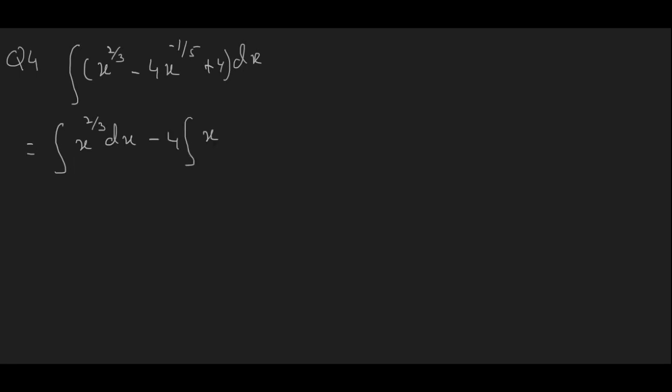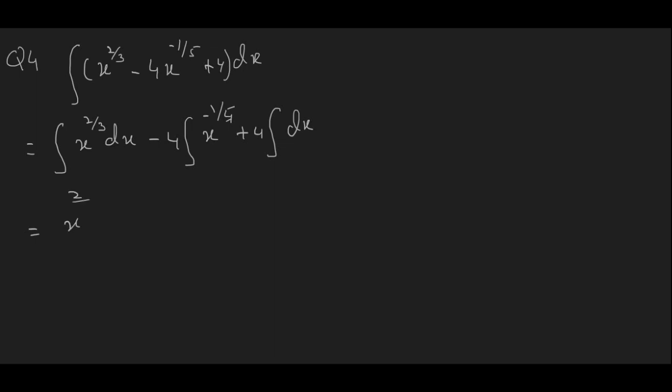Now question 4, integral x raised to power 2 by 3 minus 4 x raised to power minus 1 by 5 plus 4 dx. This is integral x raised to power 2 by 3 dx minus 4 integral x raised to power minus 1 by 5, sorry, it's 1 by 5, plus 4 integral dx.